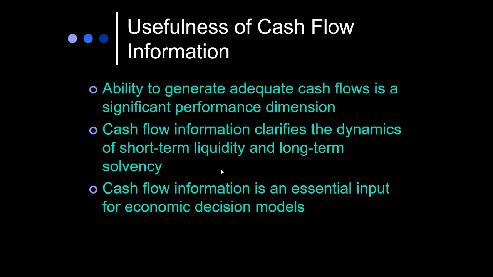So the usefulness of cash flow information is that it has the ability to give information to know what amount of cash flow is adequate for a certain period. Ability to generate adequate cash flow is a significant performance dimension.